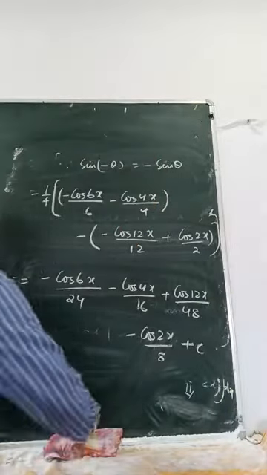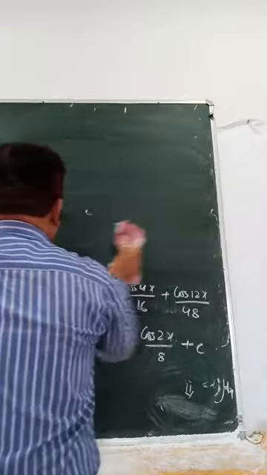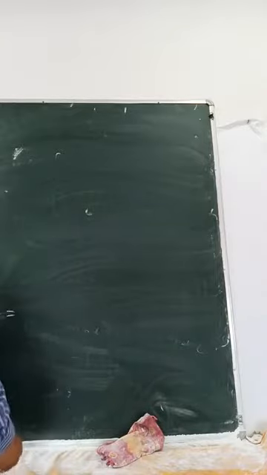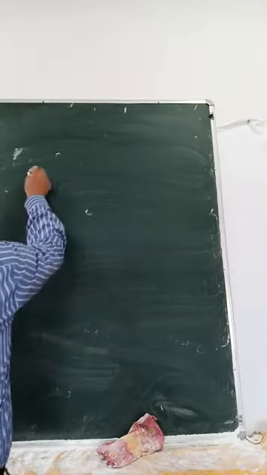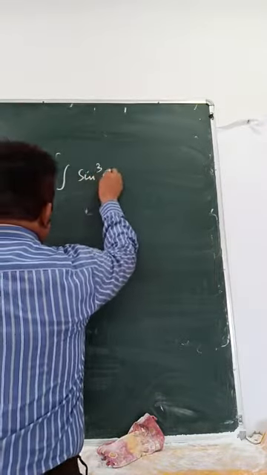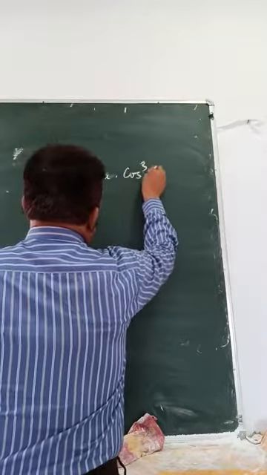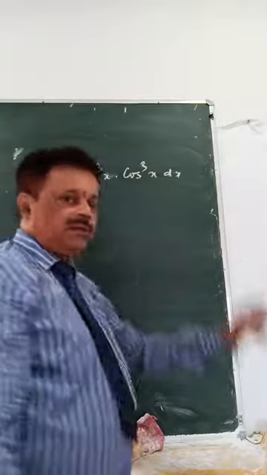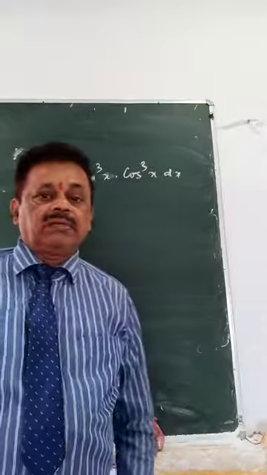Now look at another question. So if you get a question sin cube x cos cube x dx, because it is a product form, don't use the sin cube x cos cube x formula which I have given you.